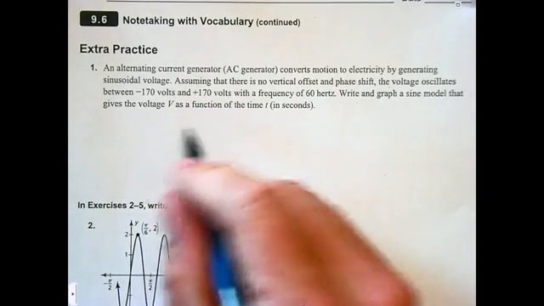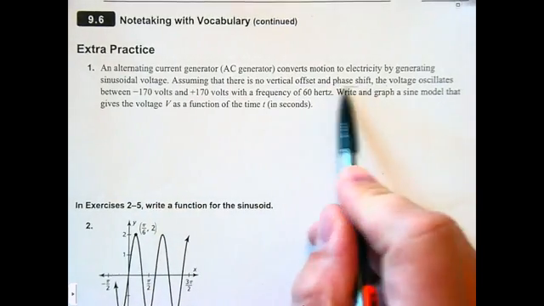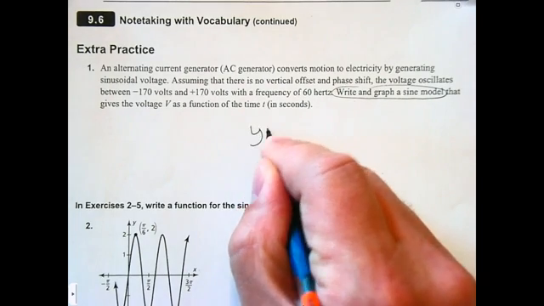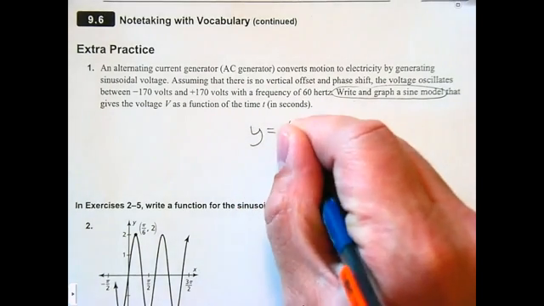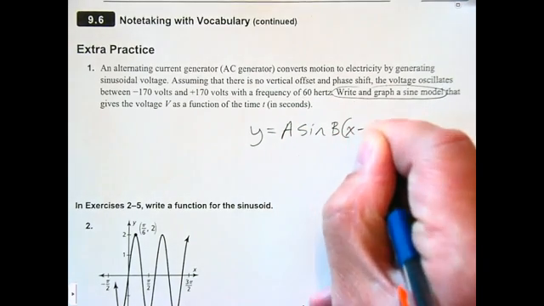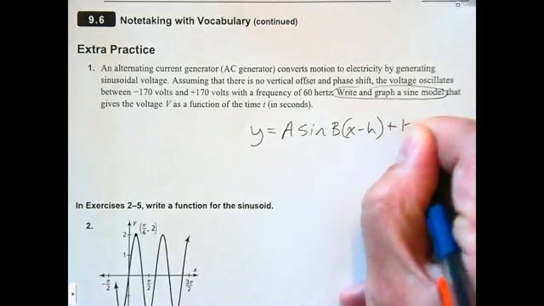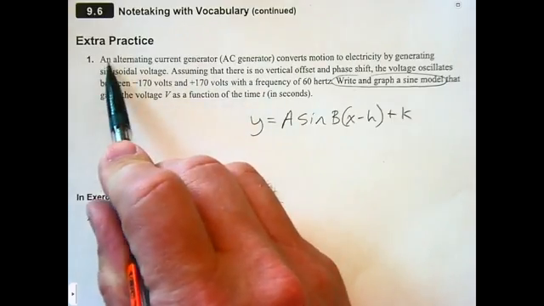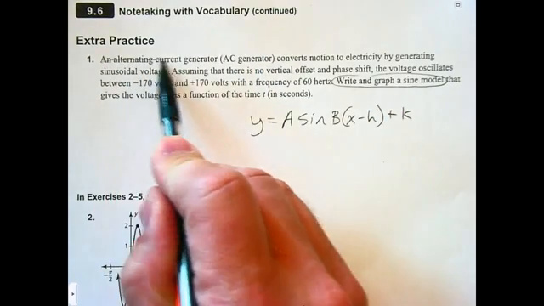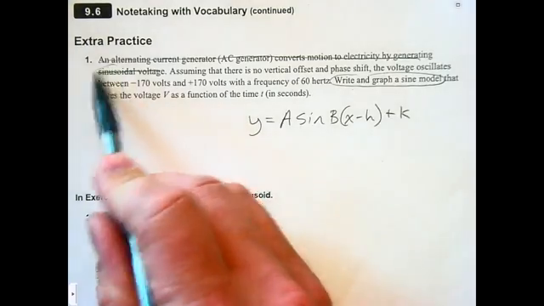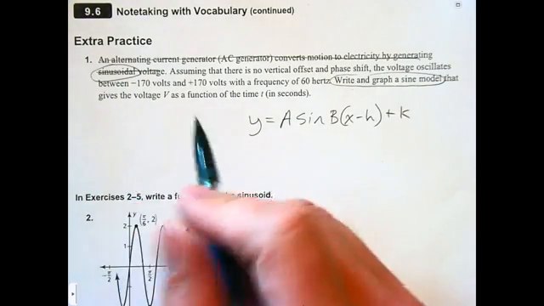Now, let's think here as it says to write a sine model. Think back to our sine model, y equals a sine b times x minus h, all plus k. When you see a word problem, you know that it's sinusoidal, a sine or a cosine curve.